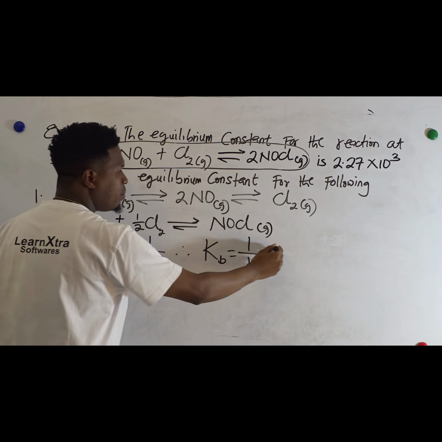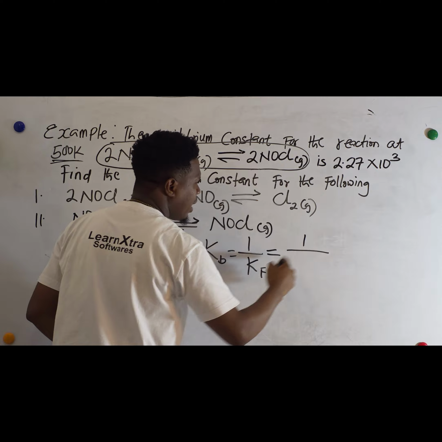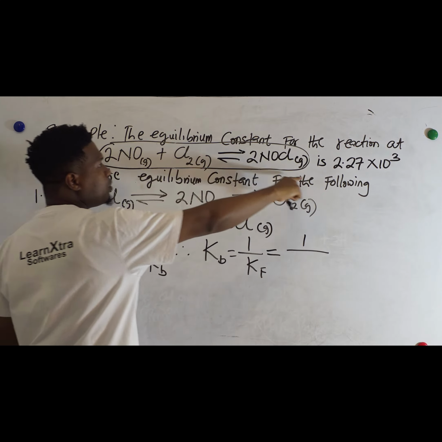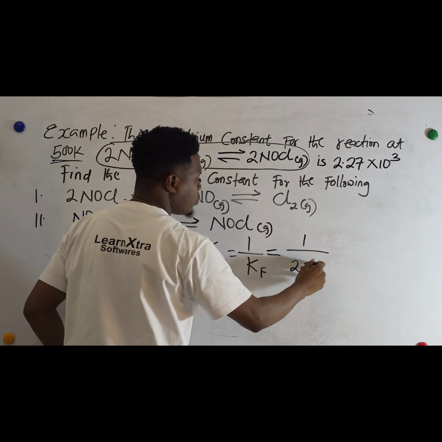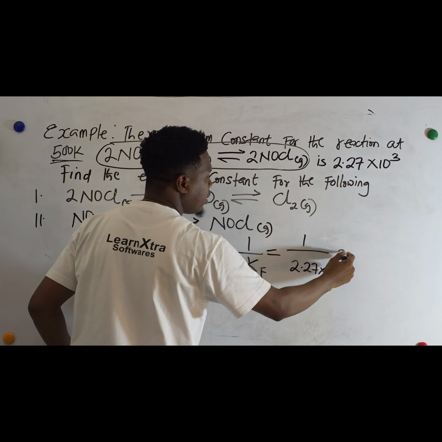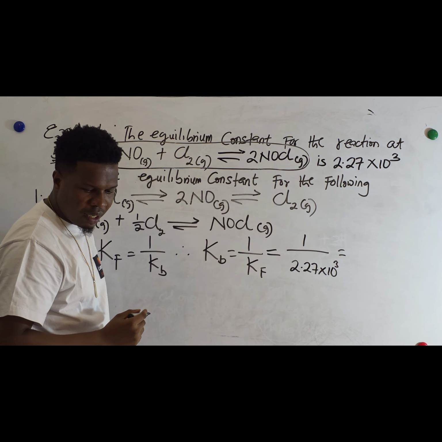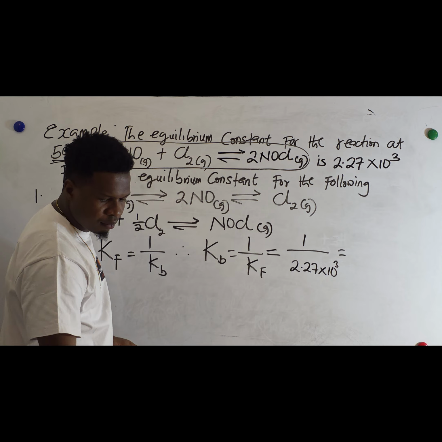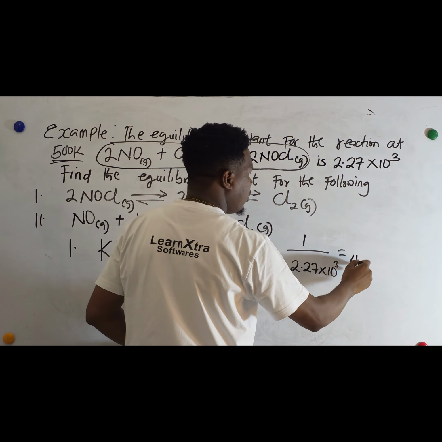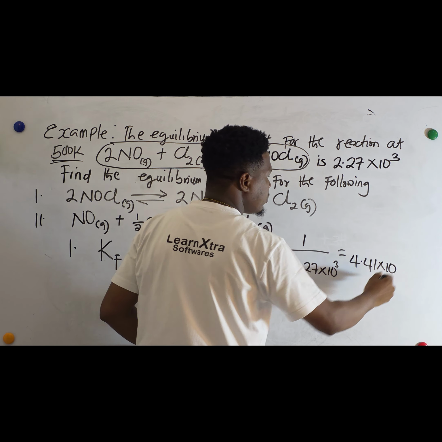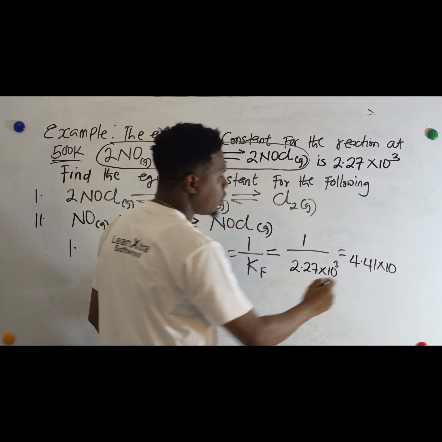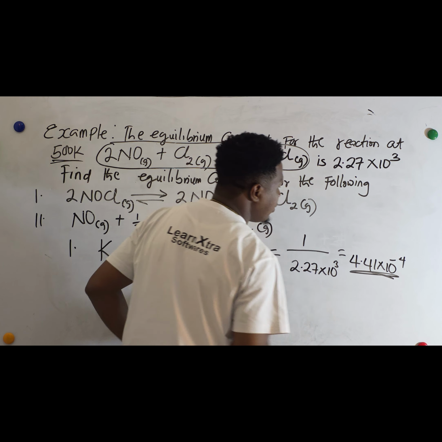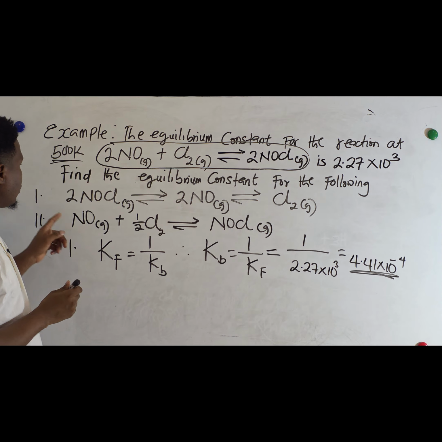So Kv will simply be equal to 1 over the equilibrium constant of the forward reaction, which is 2.27 times 10 to the power of 3. If you simplify this, you are likely to have 4.41 times 10 to the power of minus 4. So this is the value for the equilibrium constant. So I've done question 1.